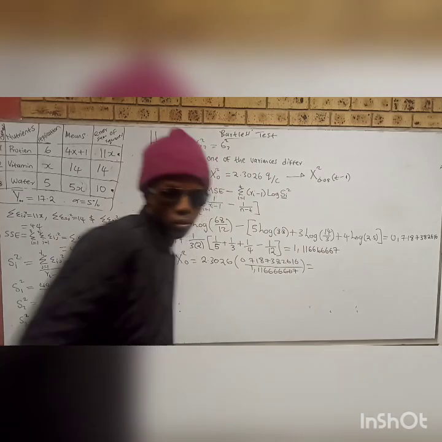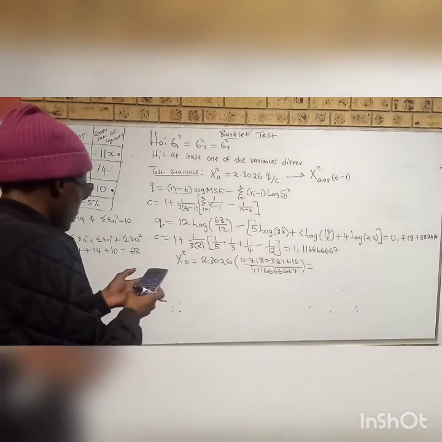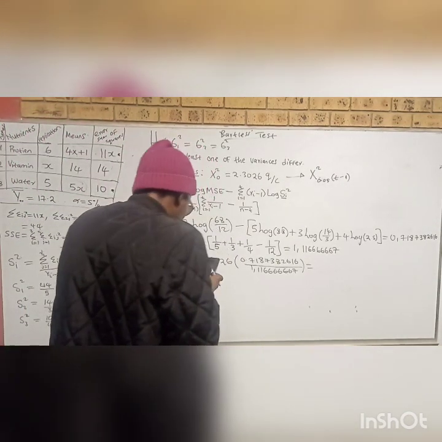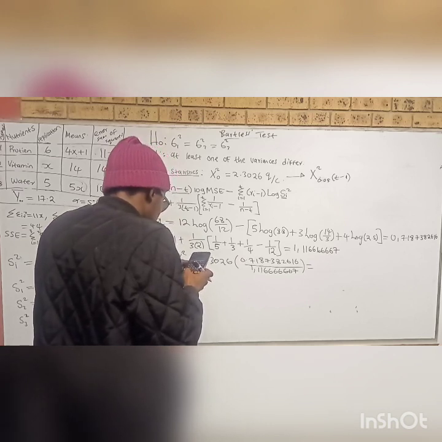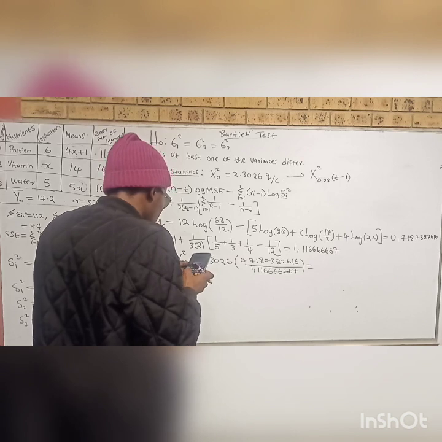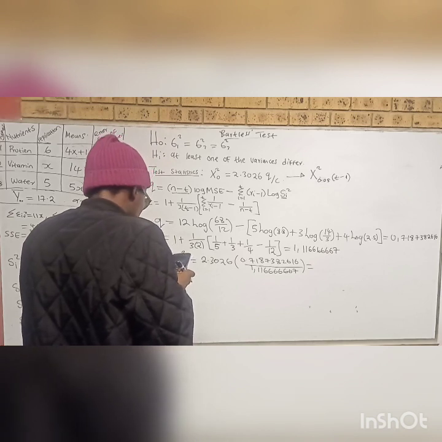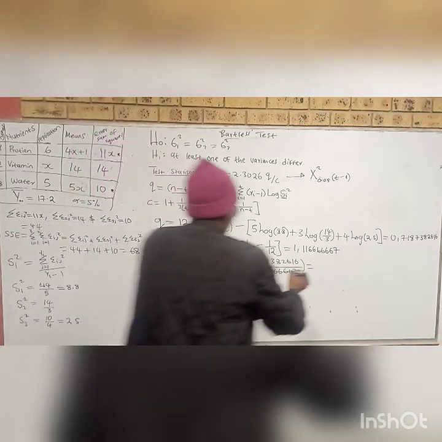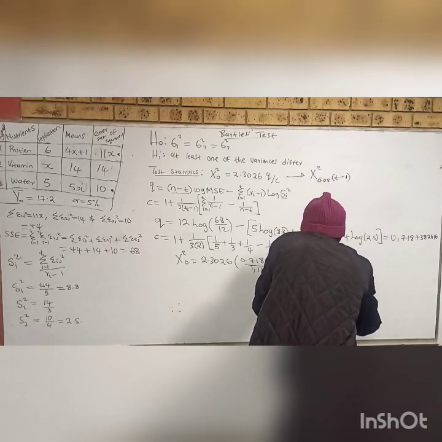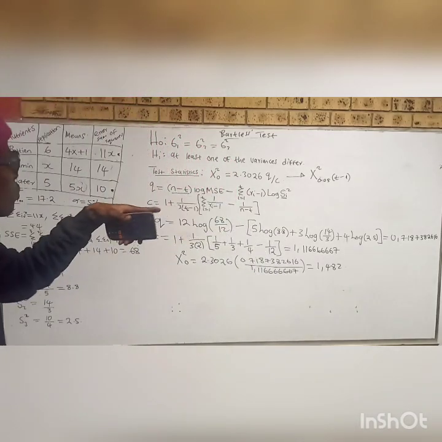Let me just do this in a calculator: 0.718738216 divided by the answer, multiplied by 2.3026. We get our value as 1.482.